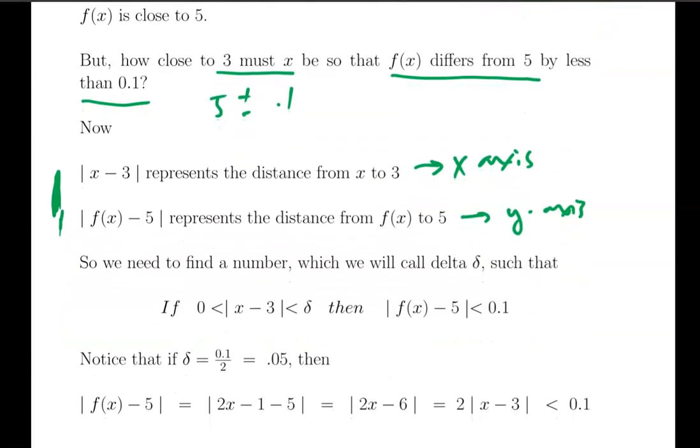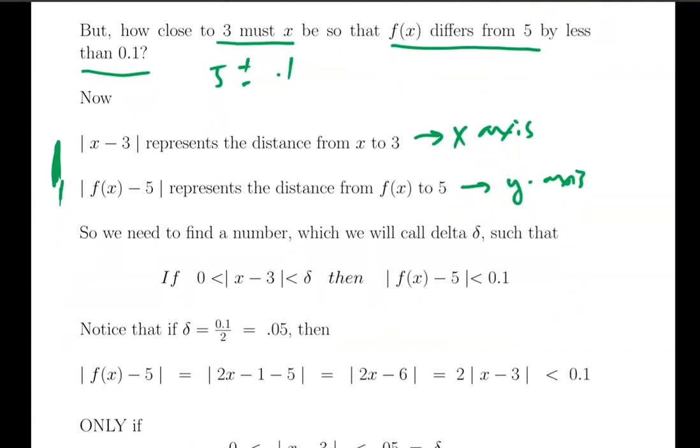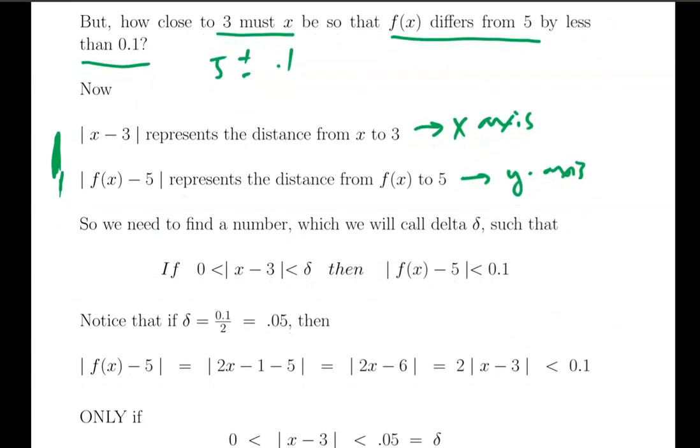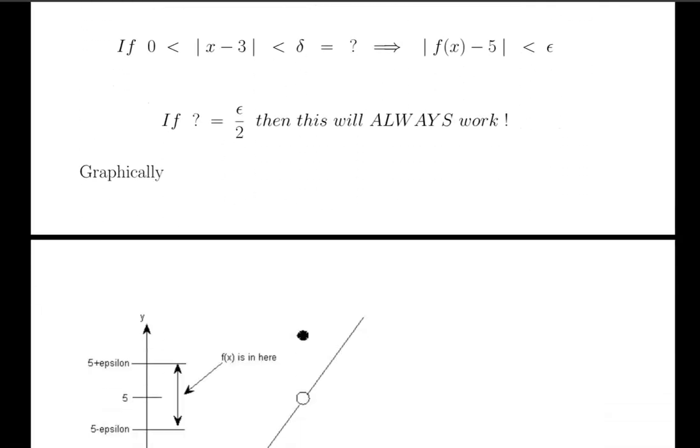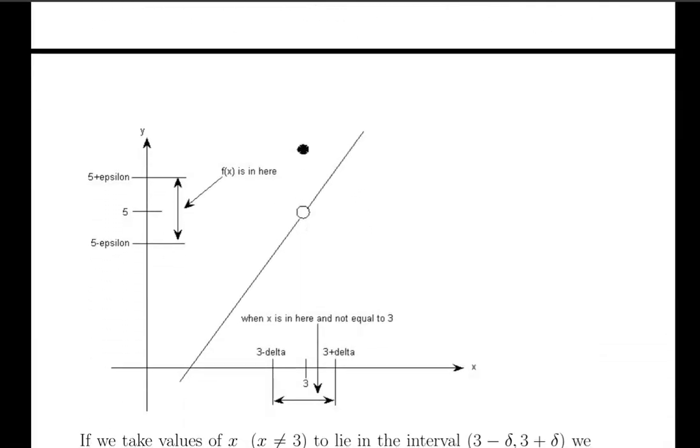So here's kind of, let's skip this for a second. We'll come back to that in a second. Let's look at a graph. So the question for this one is, here's the graph of f of x. We said 0.1, right? So we're going to call this 5.1 and this 4.9. Now, we should be able to find these pieces here.